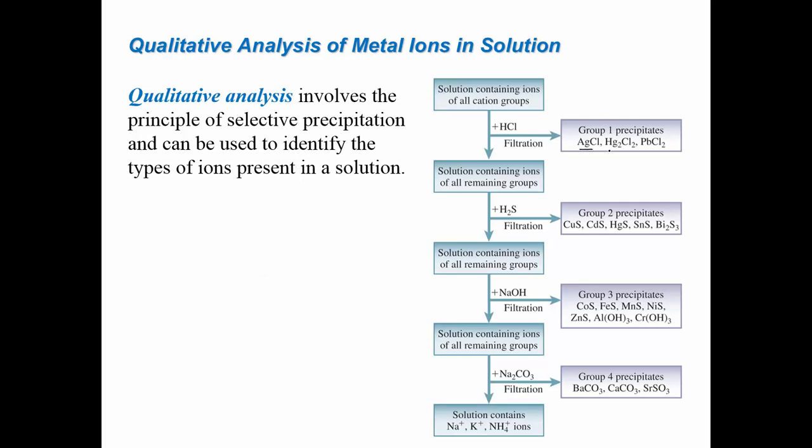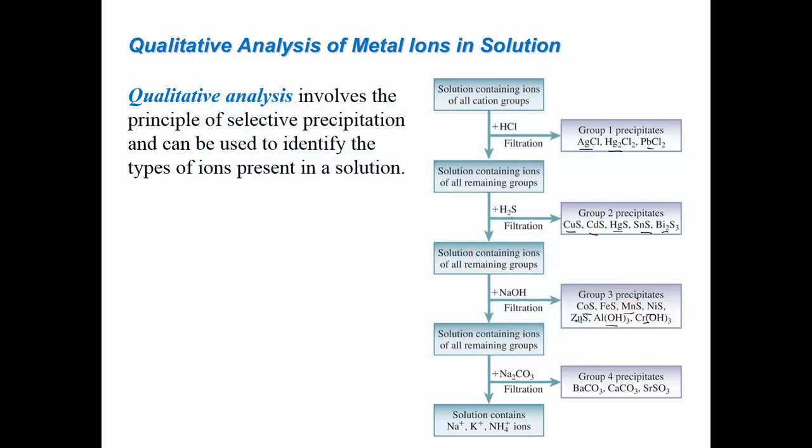So whatever does not precipitate, whatever is left, we then add our hydrogen sulfide. And then if we have a precipitate, we know we have one of these metals. Then to whatever solution is left, we add sodium hydroxide. And if we have a precipitate, we have one of these metals, and so on. So we use selective precipitation in the laboratory an awful lot.